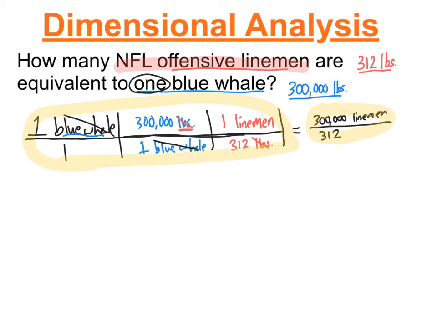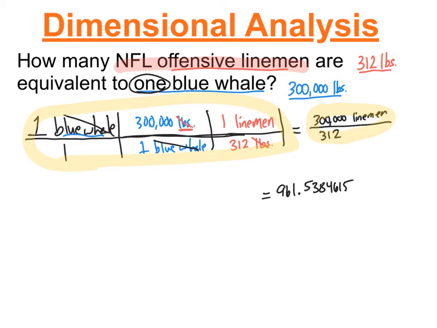And so if I divide 300,000 by 312, that's going to get me 961.5384615. Now, can I have a fraction of an offensive lineman? And the answer is obviously no. So I can't have 0.5 of a lineman. So how many do I have?